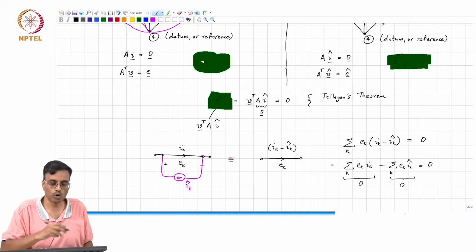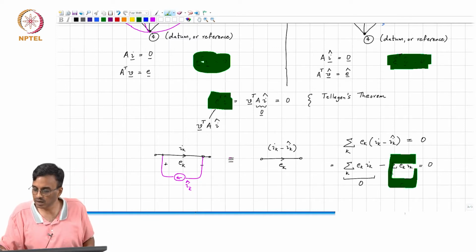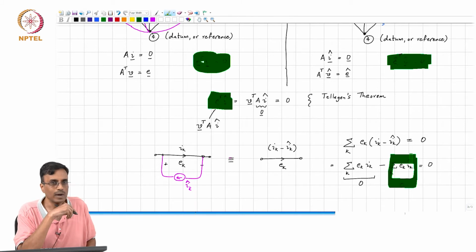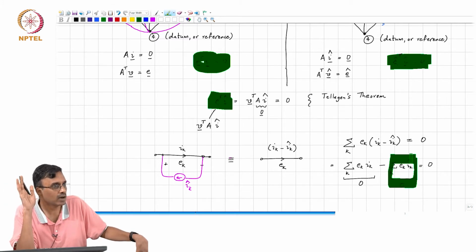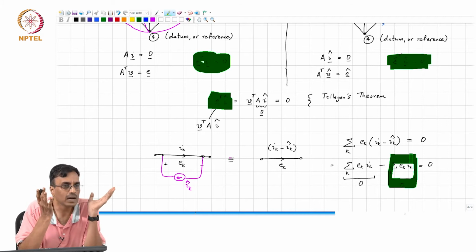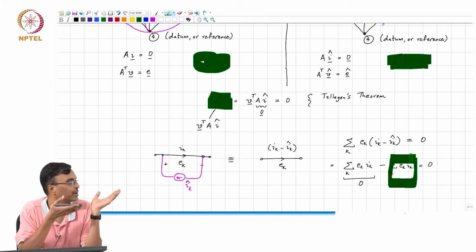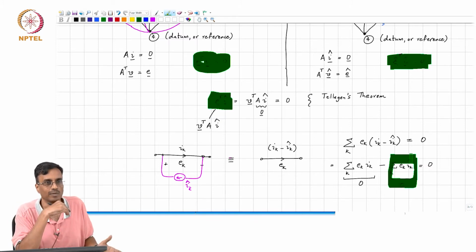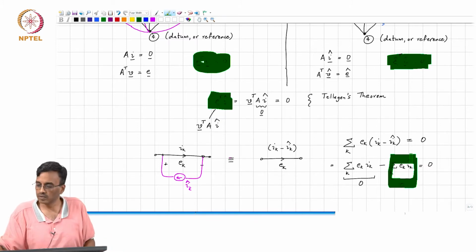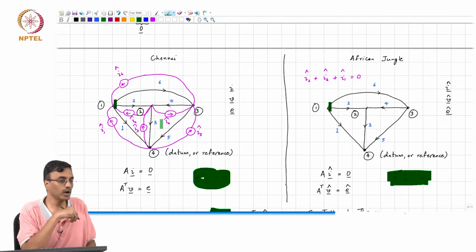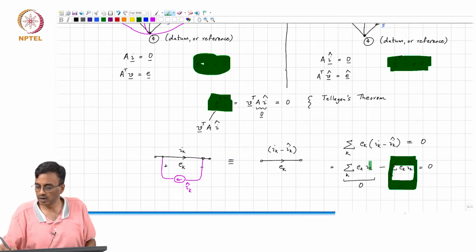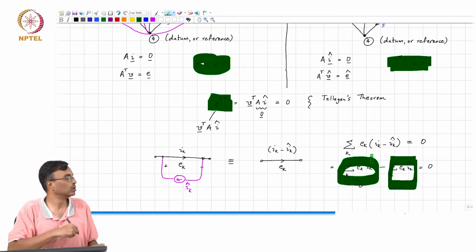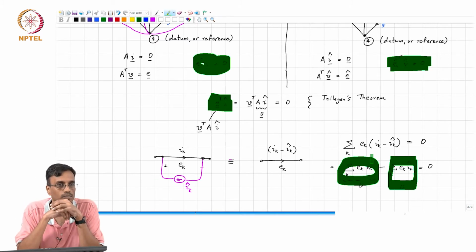Of course, if I just showed you this result, it would be quite puzzling how you multiply the voltages in one network and currents in some other network, and the sum magically turns out to be 0. But if you think about it this way, it is not that surprising after all, because energy conservation must hold for this network, and we already know that one term must be 0, so the other term must also be 0.